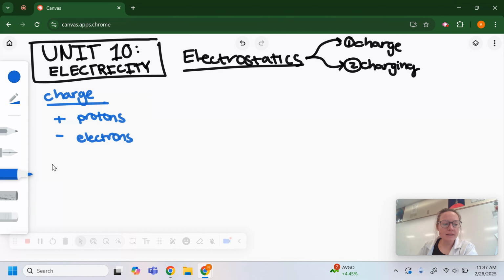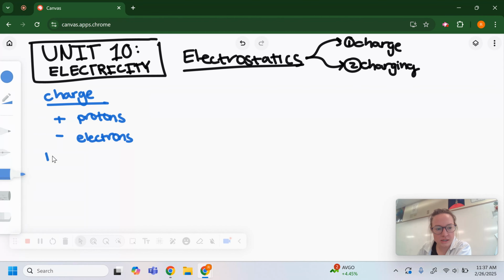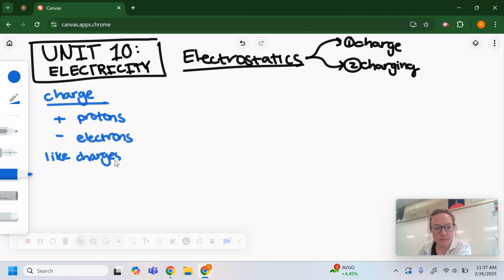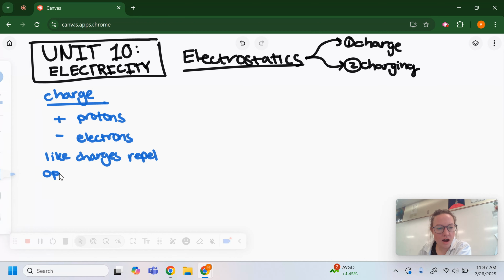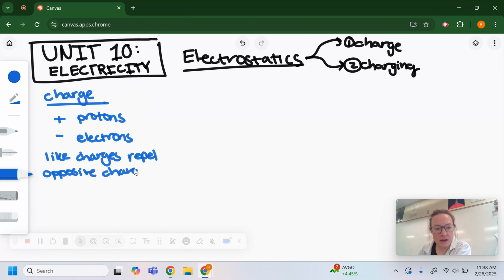The next thing you need to know about charge, I almost forgot this, is that like charges repel and opposite charges attract.